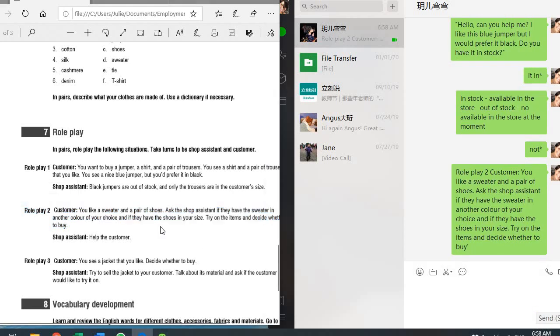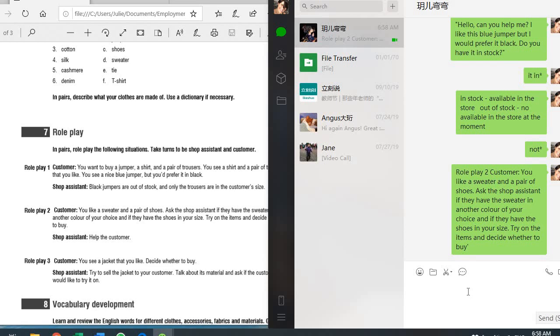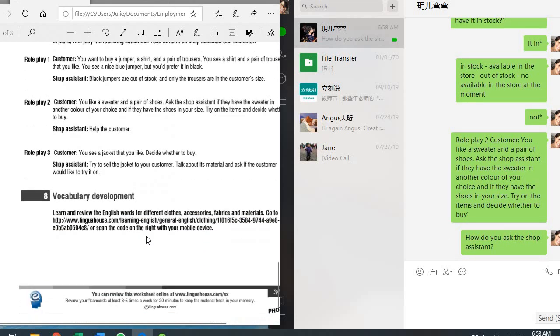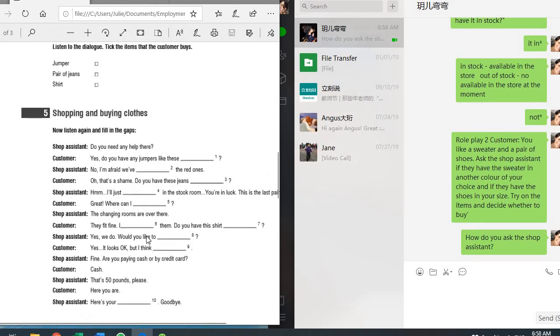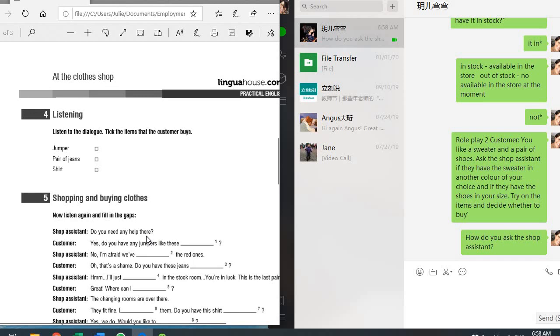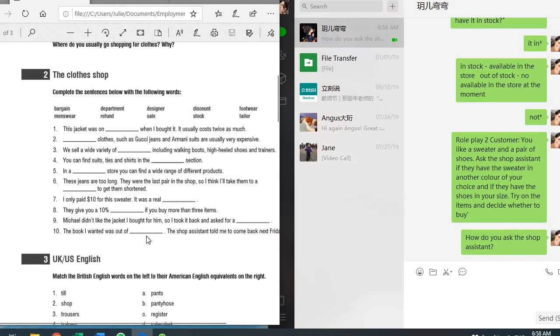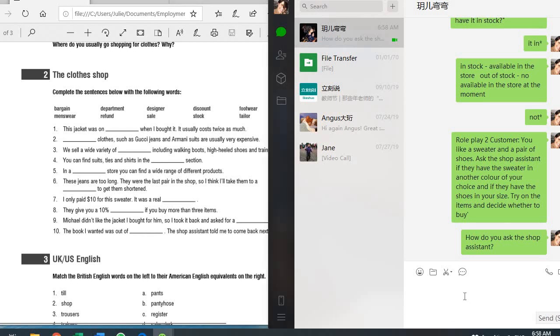So let's look at the next one. You like a sweater and a pair of shoes, and you ask the shop assistant if the sweater comes in another color of your choice, and if they have the shoe size for you. Try on the items and decide whether you want to buy them. So how do you ask the shop assistant to do all of these things? I like a pair of shoes and a sweater.